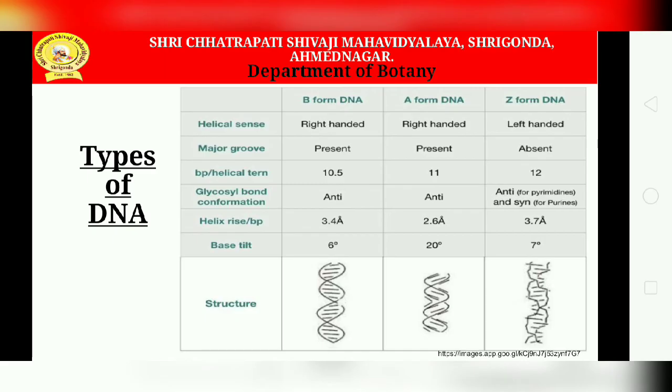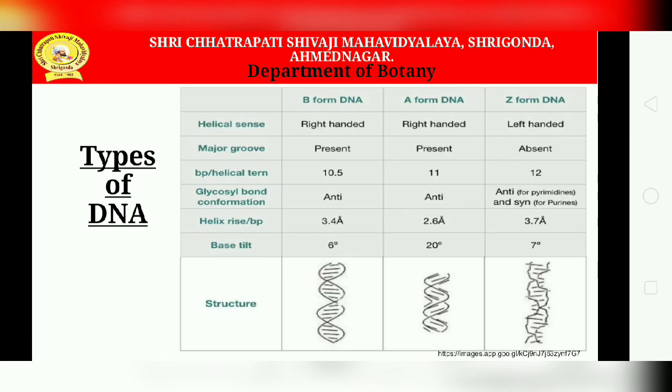Next, the helical sense: B is right-handed, A is right-handed, whereas Z is left-handed. As for conditions, 92% relative humidity and low ionic strength are found in the B form, whereas 75% relative humidity and the presence of sodium and potassium ions are found in the A form, whereas very high ionic strength is found in the Z form.